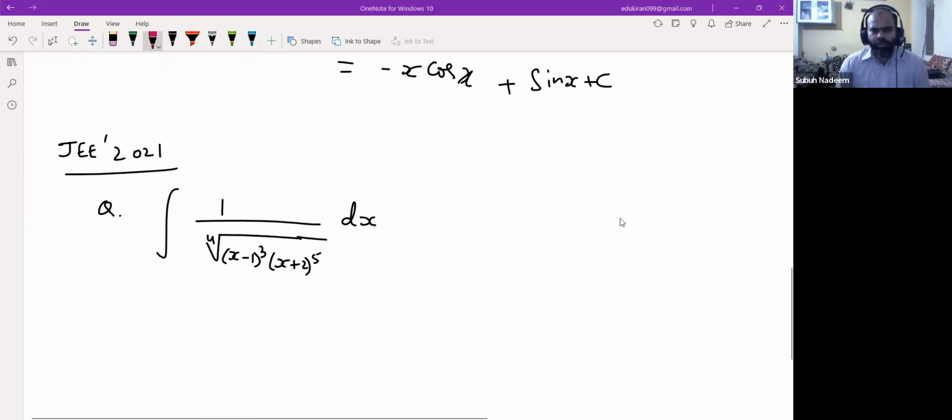Aditya has also joined. Aditya, just try this question. We have discussed the formulas and the by parts rule. So this is from overall, whatever we have done in indefinite integration.